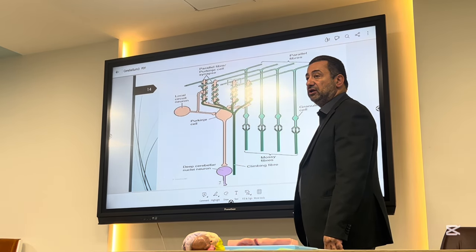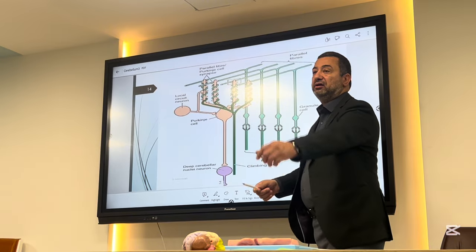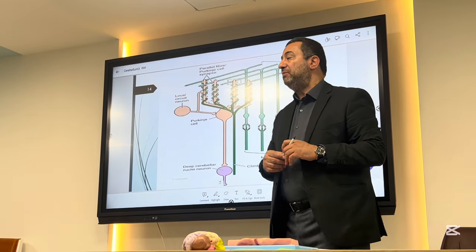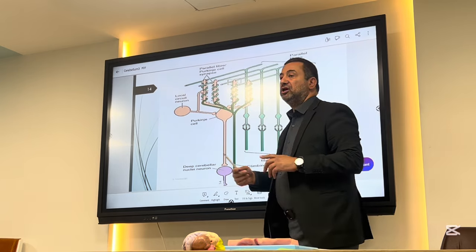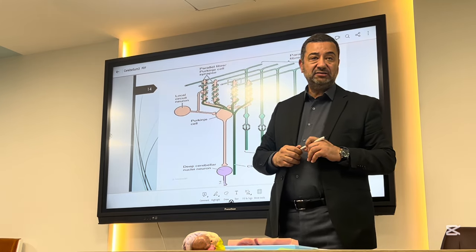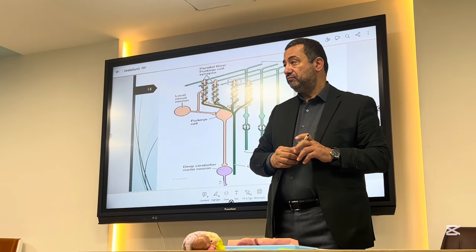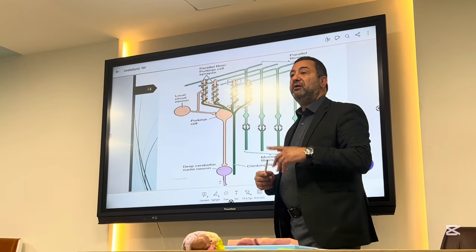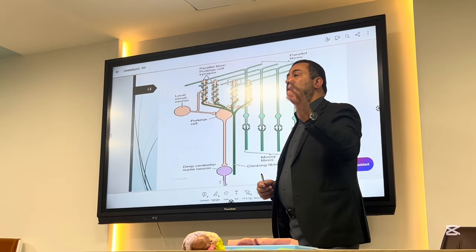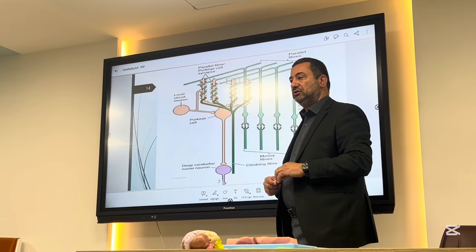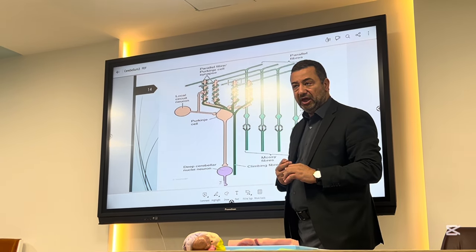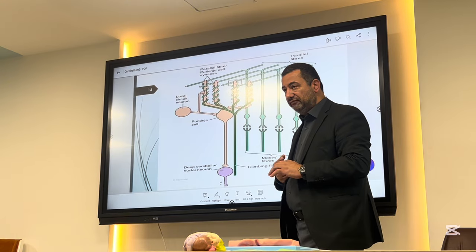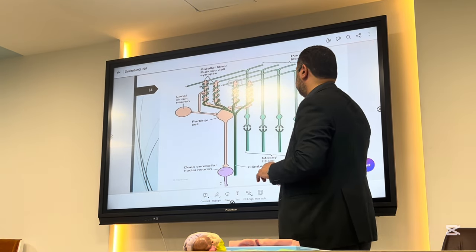These fibers ascend to the cerebellar cortex and make synapses with the dendrites of the Purkinje cells directly. Climbing fibers are related to the olivocerebellar tract. Okay?